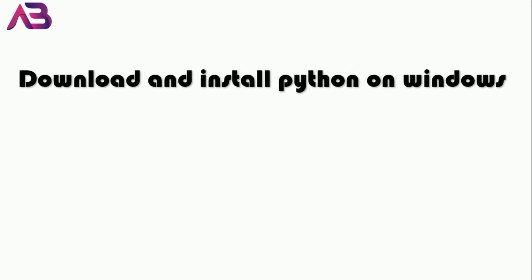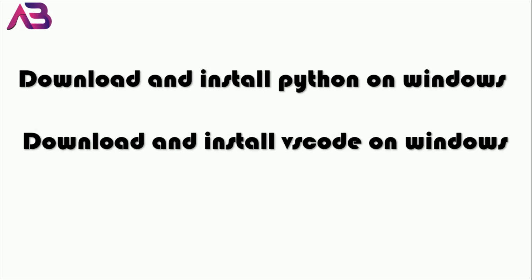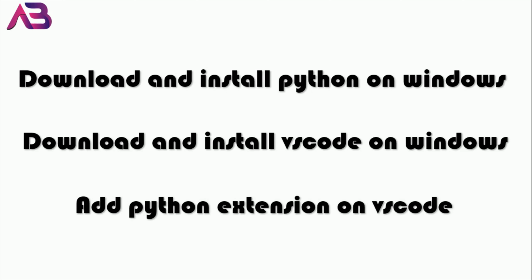First, we will download and install Python on our desktop. Next, we will download and install VSCode. For that, you need to watch our previous video. And third, which is the last step, we will set up Python on VSCode.